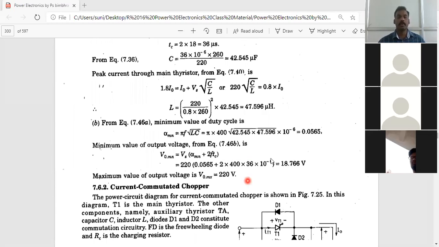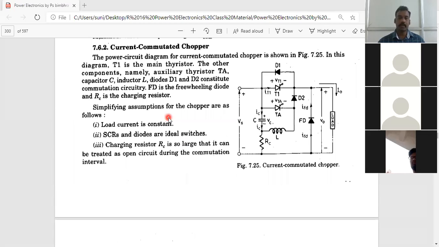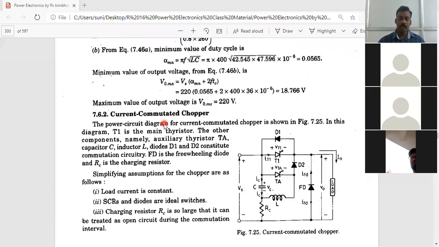So these are thyristor based choppers. In the case of a thyristor based chopper, either a current commutation or a voltage commutation is to be employed for making the chopping operation.